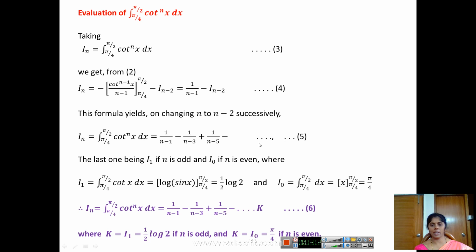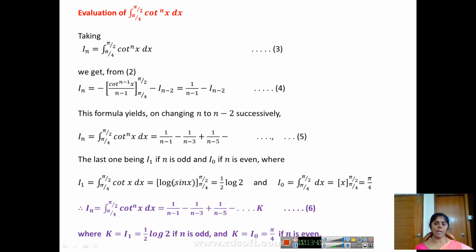The last one being I1 if n is odd and I0 if n is even. What is the value of I1? I1 equals the integral from pi by 4 to pi by 2 of cot x dx, and the integral of cot x is nothing but log of sin x. The limits vary from pi by 4 to pi by 2.